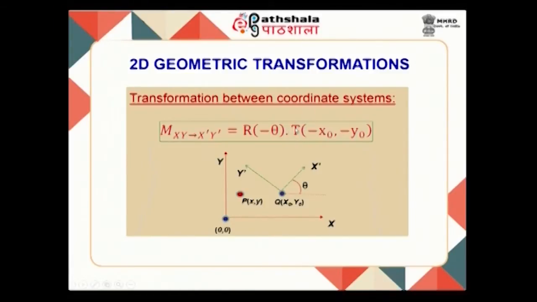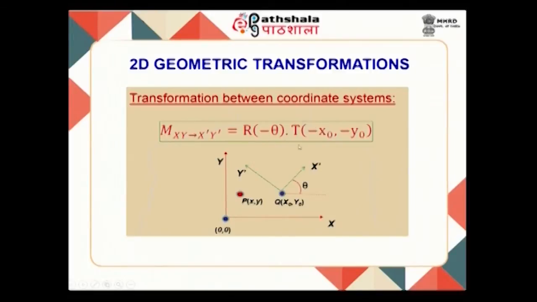Now see this, the composite matrix from xy to x dashed y dashed: given a point in the xy coordinate system, its equivalent in the x dashed y dashed coordinate system is obtained by doing the translation first, T of minus x naught, minus y naught, for the origin of the derived coordinate system, and then aligning x dashed with x and y dash direction with y, so R of minus theta.